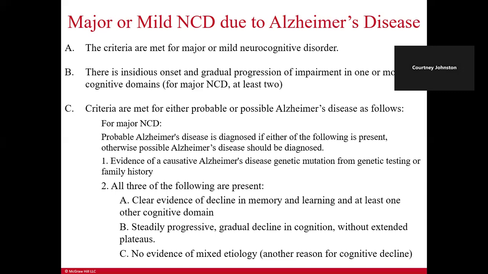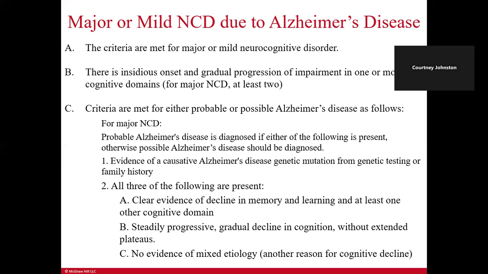Then criteria are met for either probable or possible Alzheimer's disease as follows. So these criteria are going to have to be met. For major neurocognitive disorder, probable Alzheimer's disease is diagnosed if either of the following is present. Otherwise, possible Alzheimer's disease should be diagnosed.